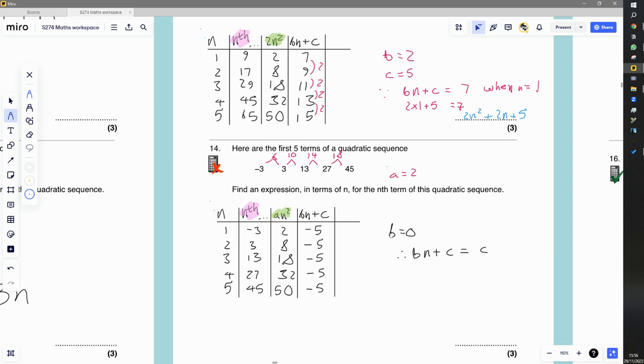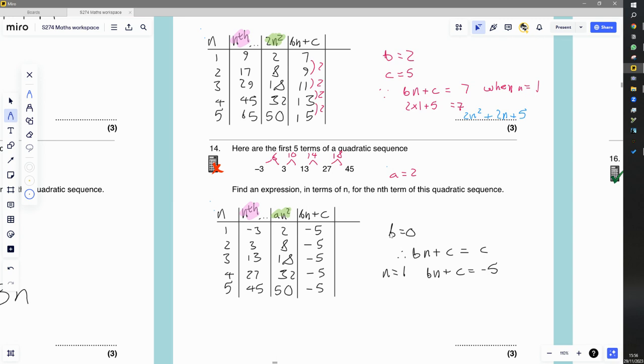So now we just need to think of what that would mean for the C value. When n is 1, then Bn plus C is equal to minus 5.